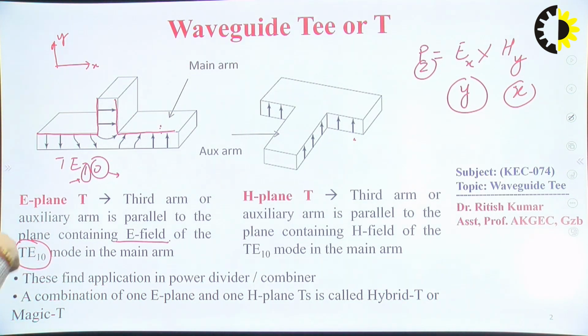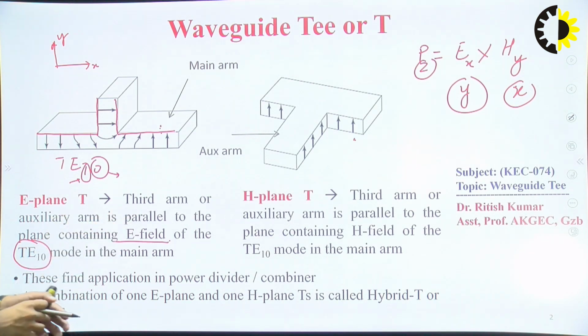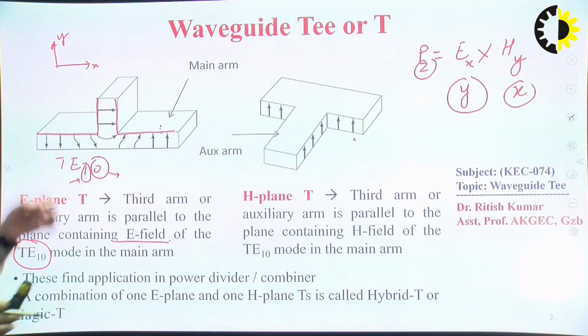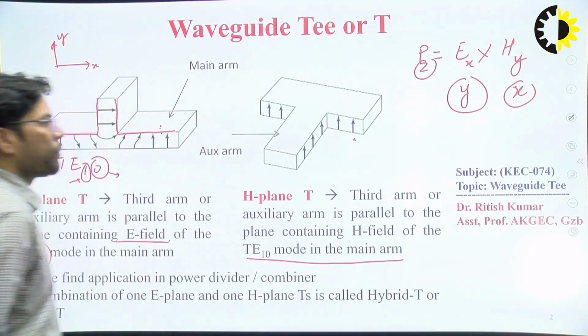So these two planes are complementary by nature, as we have seen. The E field in the E plane T is oriented parallel to the E field, while in the case of the H plane T, the auxiliary arm is parallel to the plane containing the H field of the TE10 mode, right.